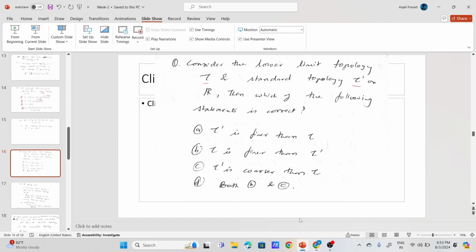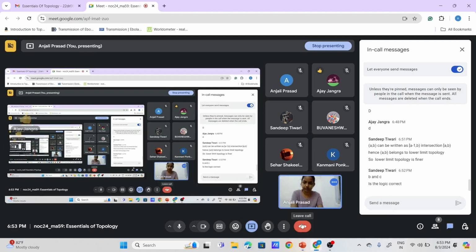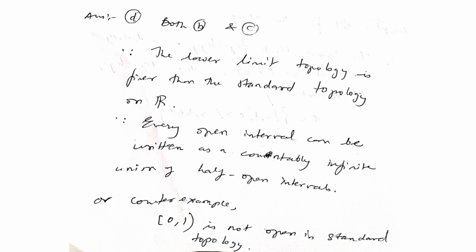Shall we proceed? Okay. So yes, the correct answer is both B and C.